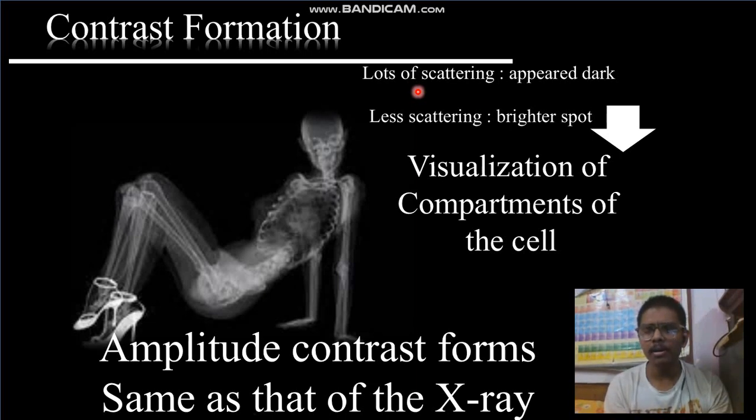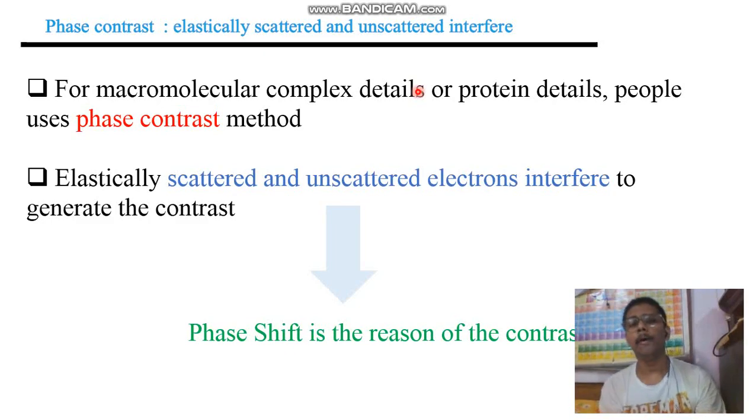But whenever you want to study macromolecular structure or the internal details of a protein structure, you can't rely on amplitude contrast. You have to go to phase contrast. Phase contrast is used for macromolecular complex details and protein details. Here you have the elastically scattered electrons and the unscattered electrons.